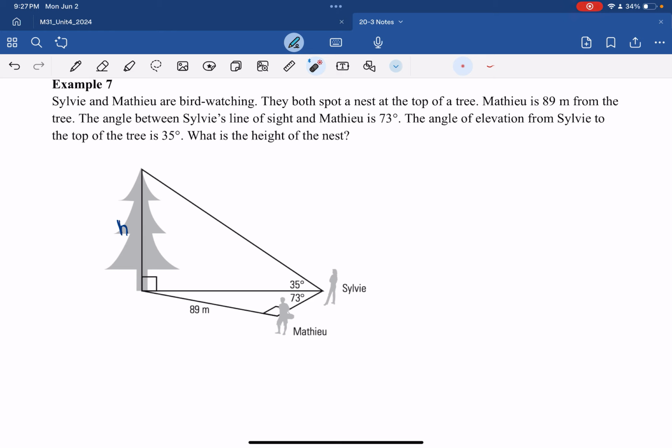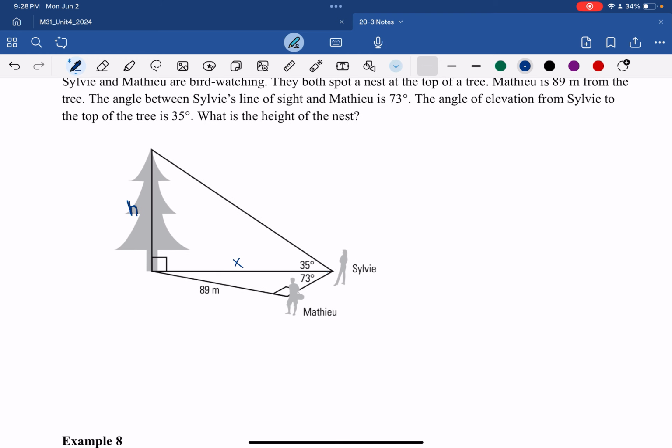If I look at this bottom triangle, I have a 73, and I have this 89 here. This 89 is the opposite side to that angle, okay? And I'm going to label this side X, this one that goes across here, and that is going to be the adjacent to the 73, because it's helping form that angle.